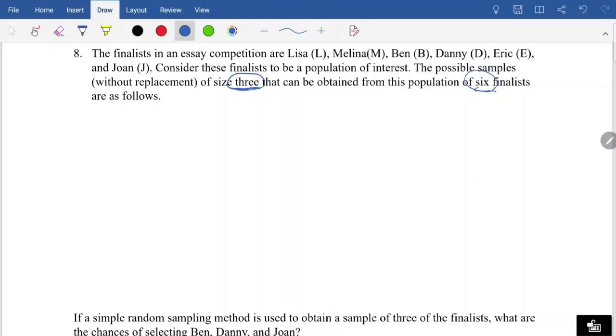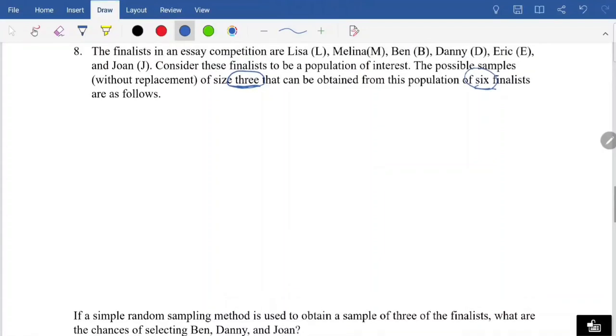I'm going to use the tree method of coming up with the samples. You could do it in your head, but it can be really challenging, and there's a chance that you might miss a particular sample. It's important to get all possible samples by working in an organized and structured way, and I will show you the tree method of doing that.